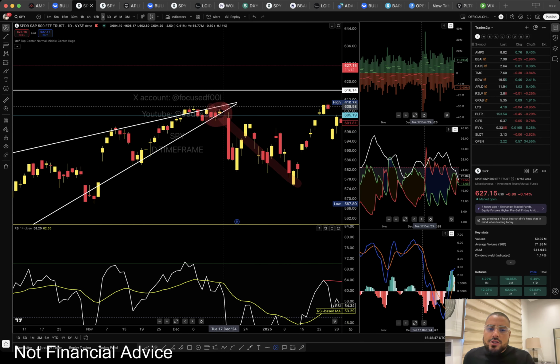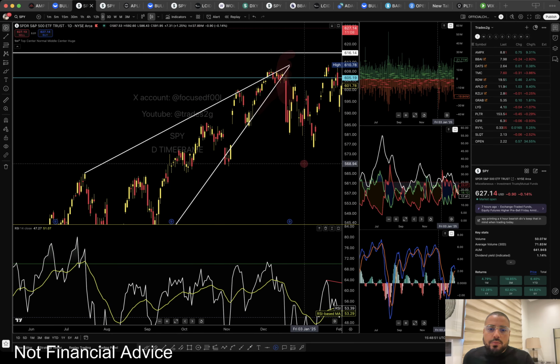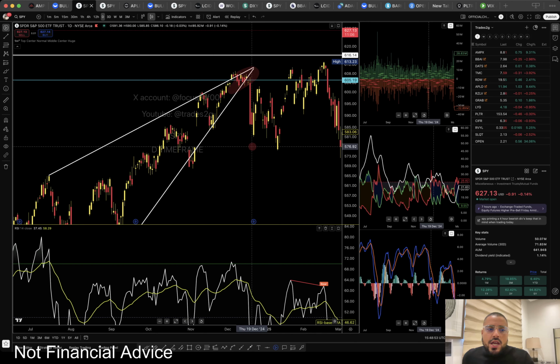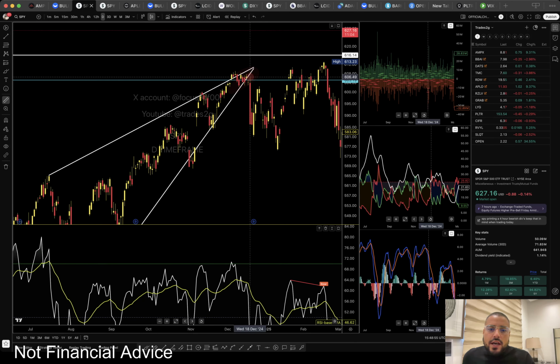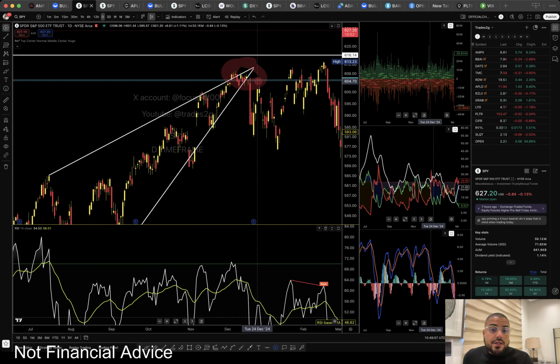This wedge, at the apex of this ascending triangle from previous price action, gave you a massive move down, approximately 5%, which equated to about 23 to 25 days. 5% to the downside off this apex, or I should say price action hitting the apex off this ascending triangle.